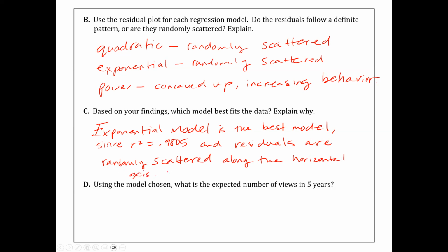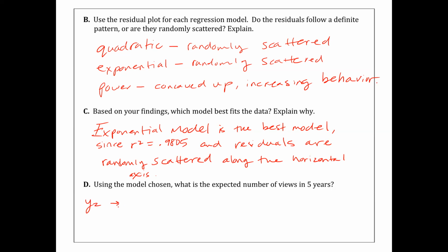Okay. And then last, using the chosen model, what is the expected number of views in 5 years? So if we were to do that, that's why I said it was good to store it, because if they ask you additional questions, you already have your graph stored. So if I'm looking for the views in 5 years using exponential, remember the exponential was our second. So we're going to look at y2.